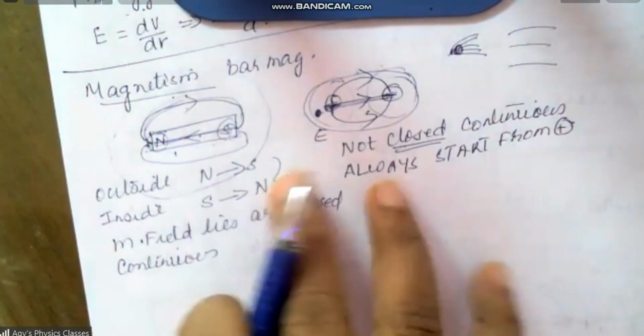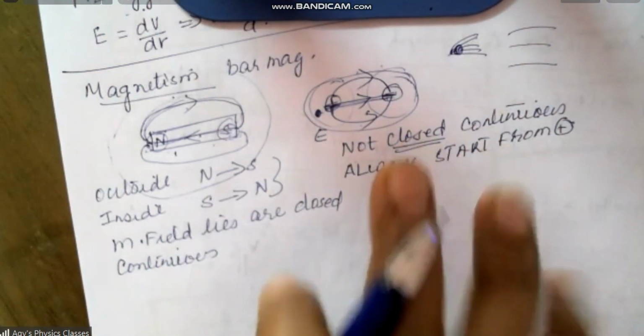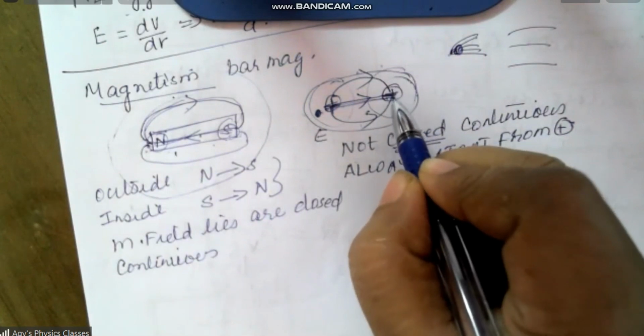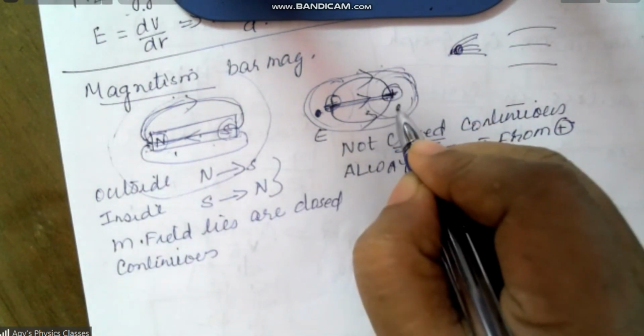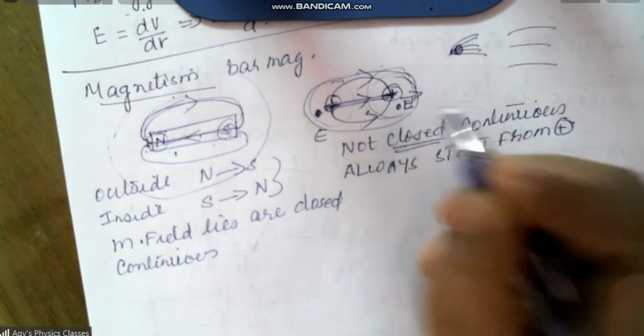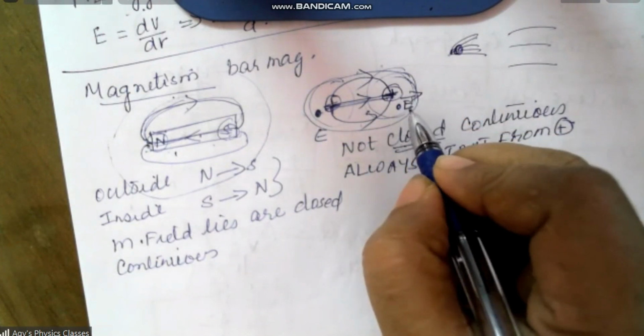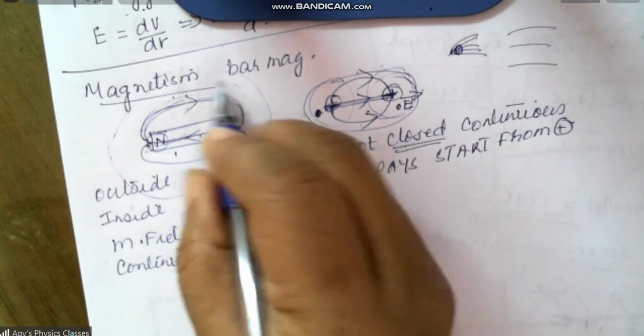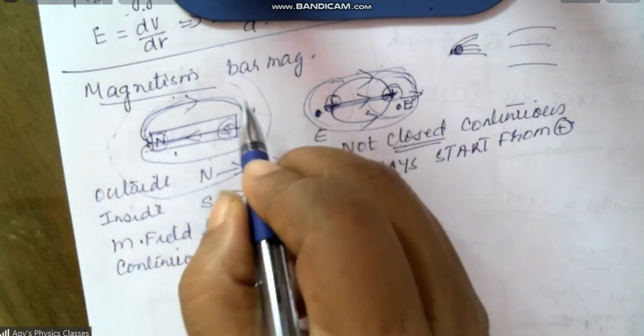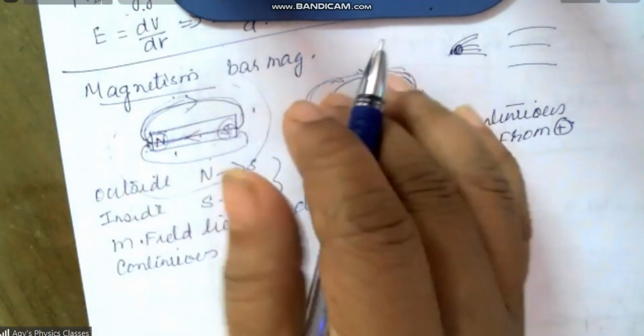Okay. So now this is the major difference. Here every point in the electric field has electric field strength. E is the electric field strength. Just like that, around a magnet, every point has magnetic field strength.